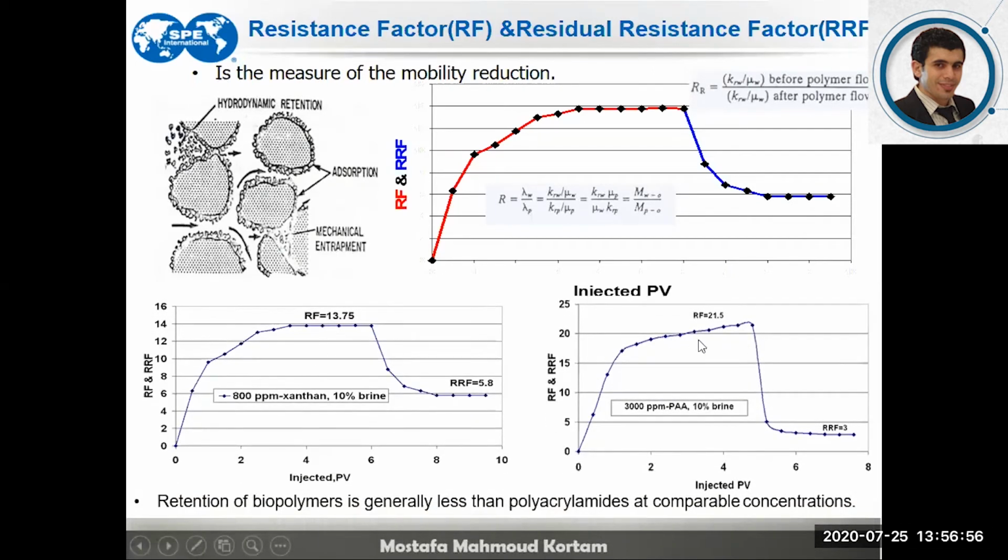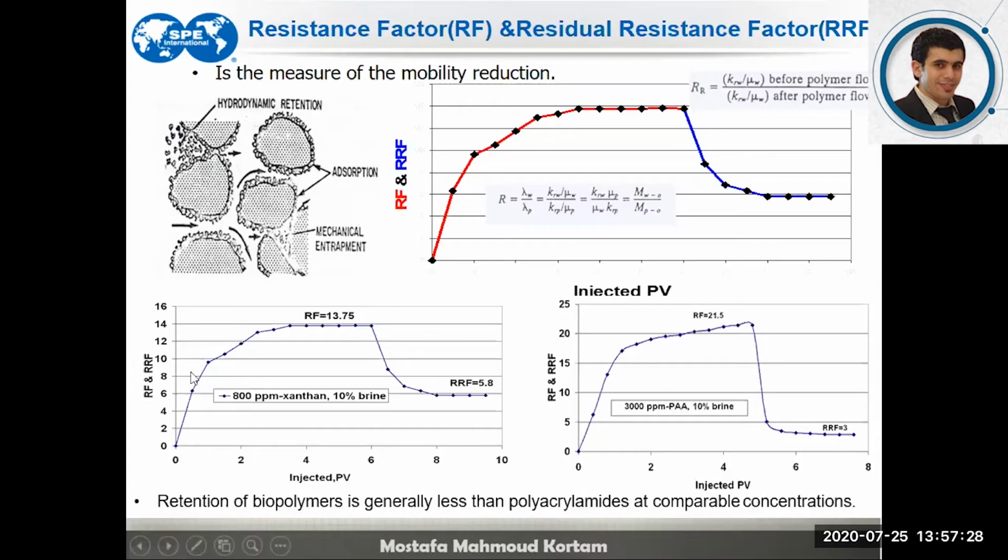There are also differences in the polymer performance, and each polymer exhibits a different residual resistance factor. It depends on the type of the polymer. The biopolymer or polysaccharide material offers a lower residual resistance factor, while the polyacrylamide may offer greater residual factors.